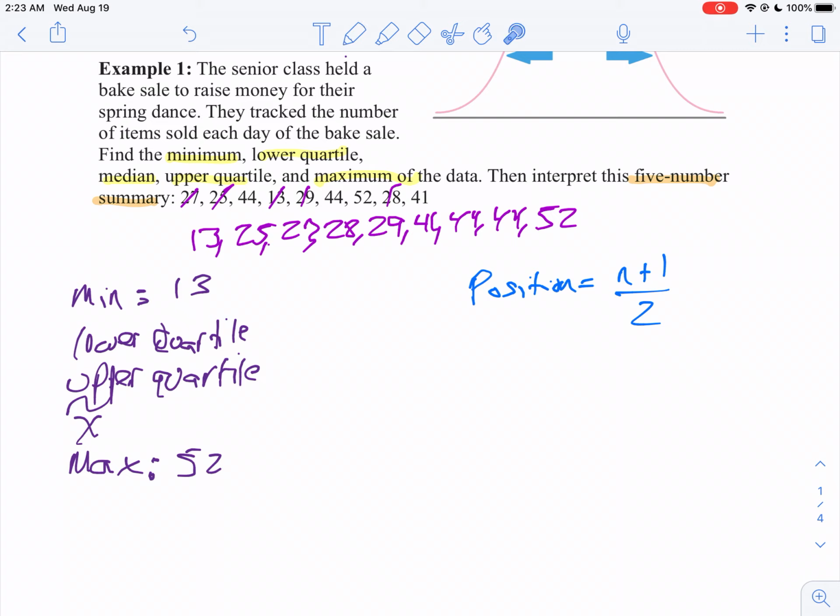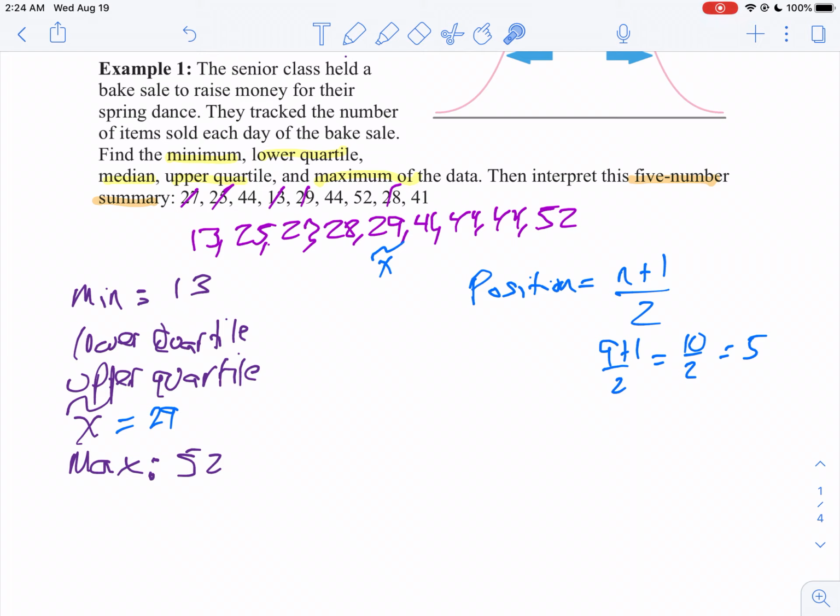Well, if we count here, we have 1, 2, 3, 4, 5, 6, 7, 8, 9. So to find the position, I'm going to take 9 plus 1 divided by 2, which is 10 over 2, which is the 5th position. So if I count in 1, 2, 3, 4, 5, your median is 29.